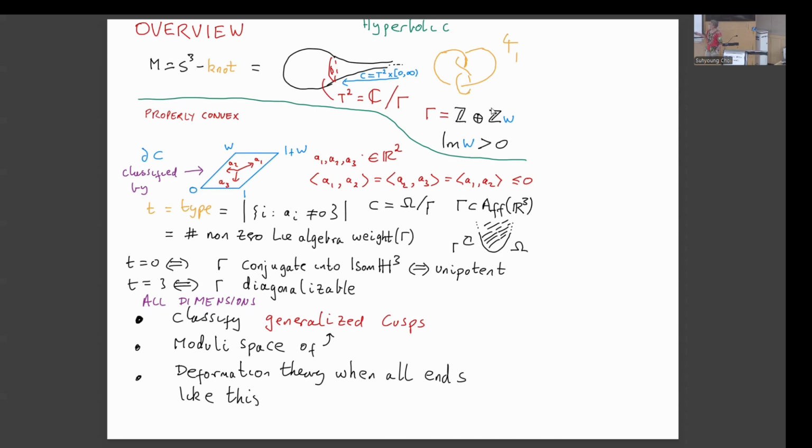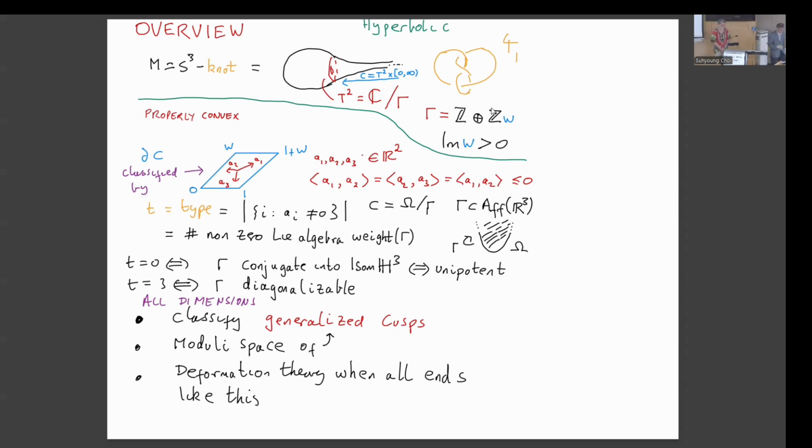You can think of the boundary as a quotient of the complex plane by a lattice of the form the integers plus integer multiples of some complex number with positive imaginary part. So the geometry in this cusp is determined by a complex number with positive imaginary part.